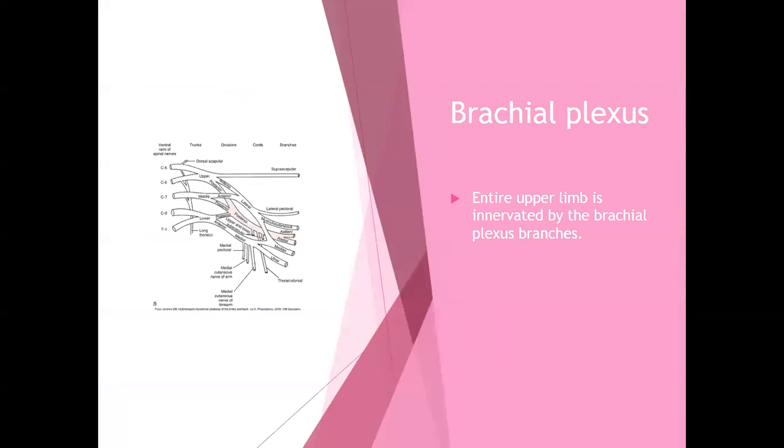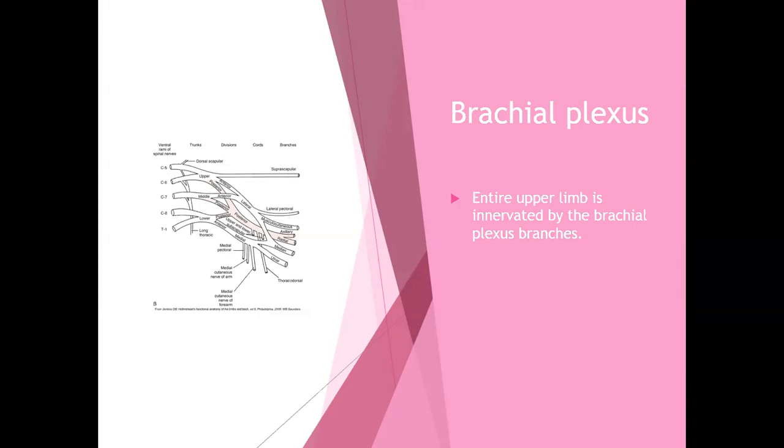The brachial plexus is formed from the anterior rami of C5 to T1. The plexus emerges between the anterior and middle scalene muscles, passes deep to the clavicle, and enters the axilla. In the distal axilla, the axons from the plexus become the radial, axillary, ulnar, median, and musculocutaneous nerves.